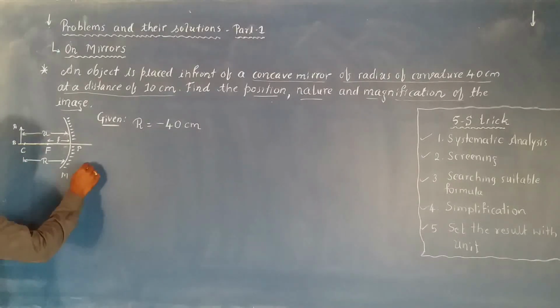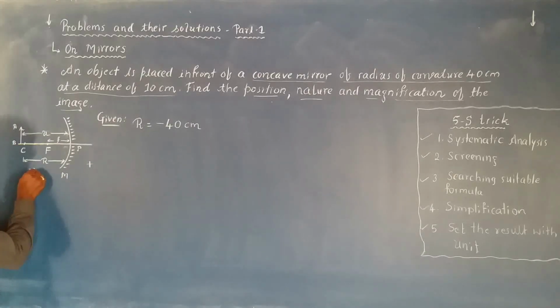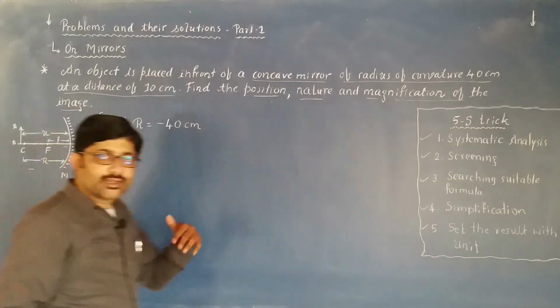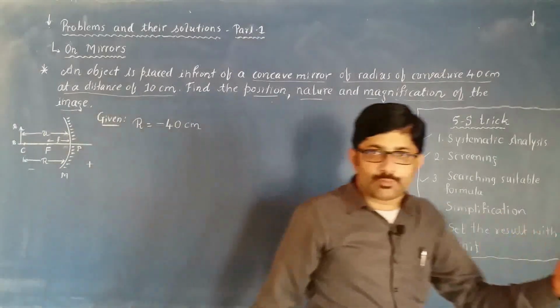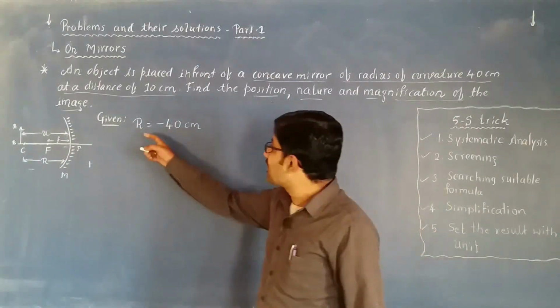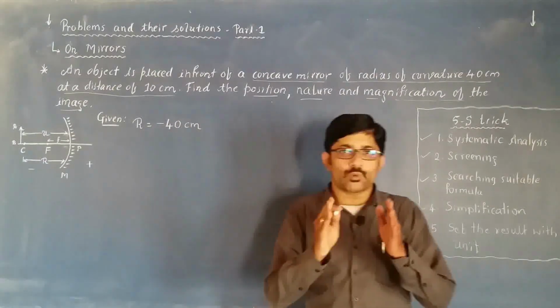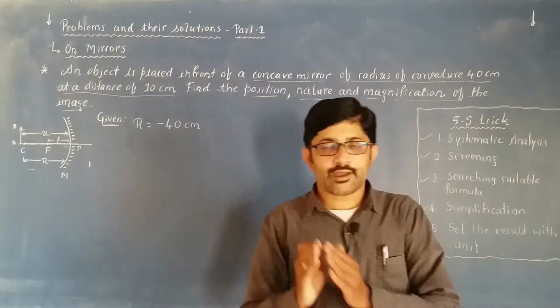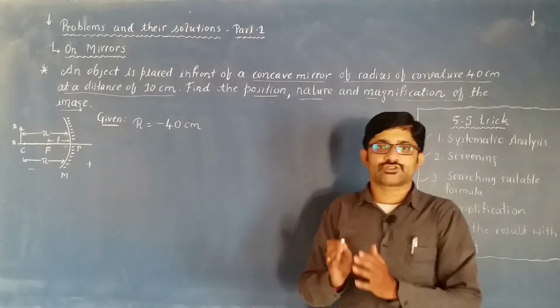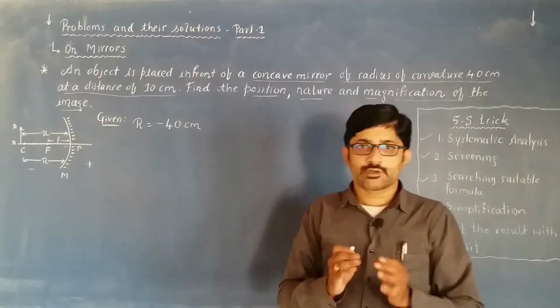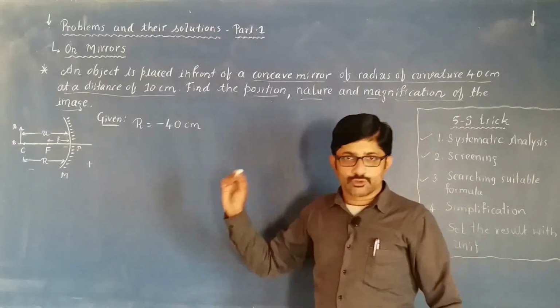As I already quoted, RHS should be taken positive, LHS should be taken negative. So that rule is being adopted here. Therefore, R is equal to minus 40 centimeter. Tracing out the sign convention is very much important. Please take care of those things.